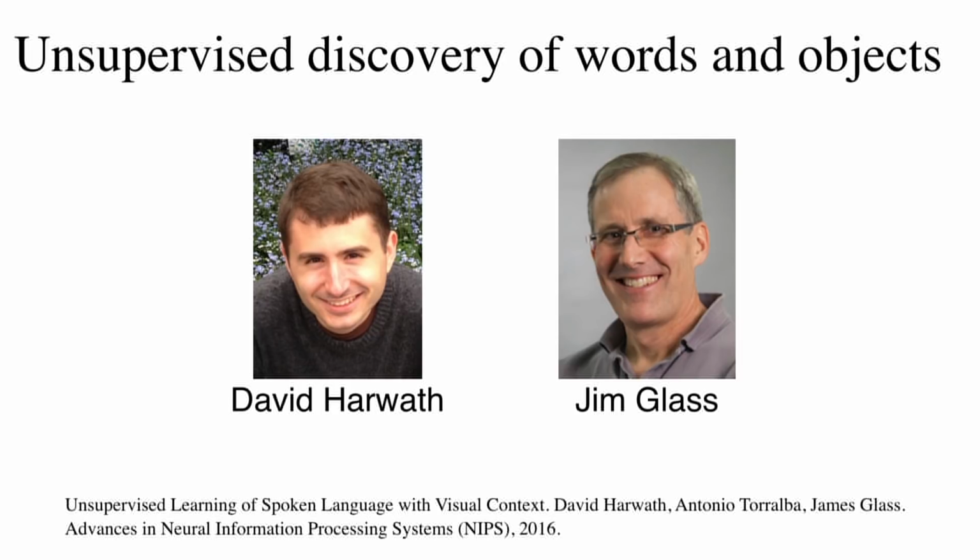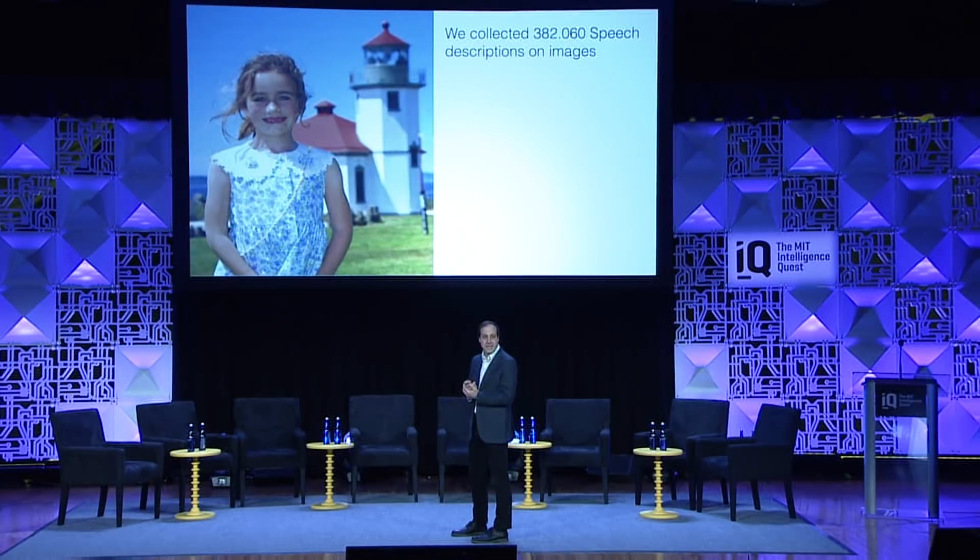What we are trying to do is to have a system that can learn both to identify objects and to understand the words that come with them, in a setting very similar to the one that I just played before. We have images like that, and we just ask people to give verbal descriptions of what they see. They don't need to come in any structured form, just talk about the picture. So let's watch one example.